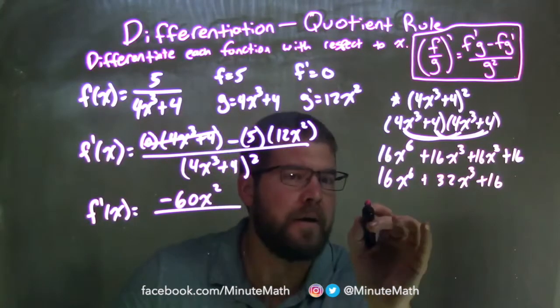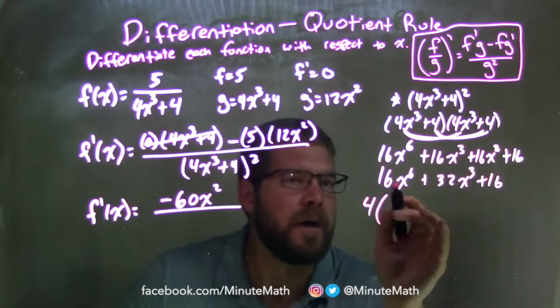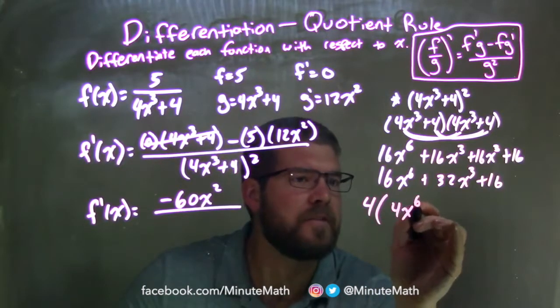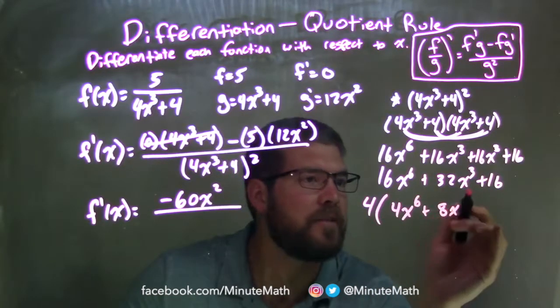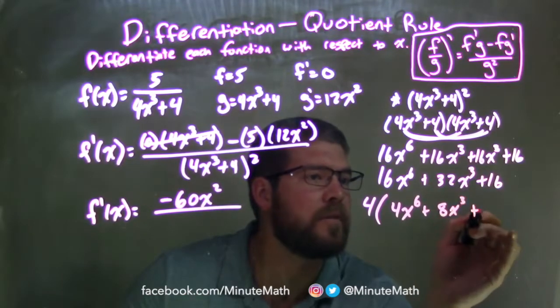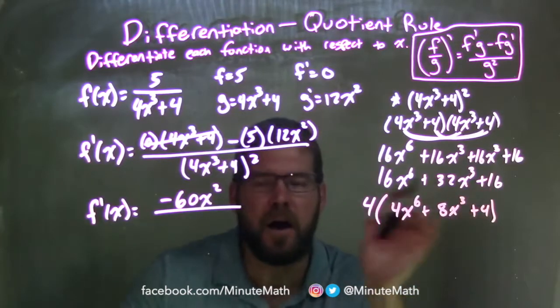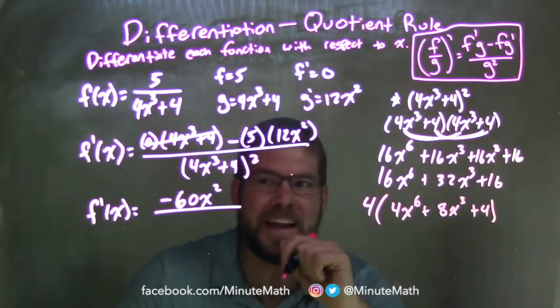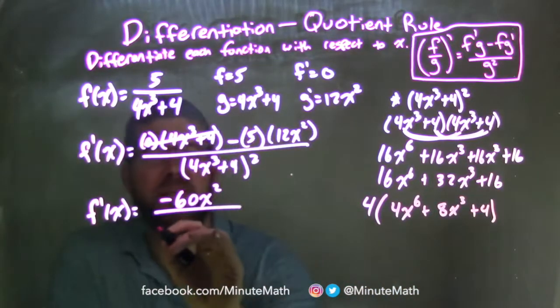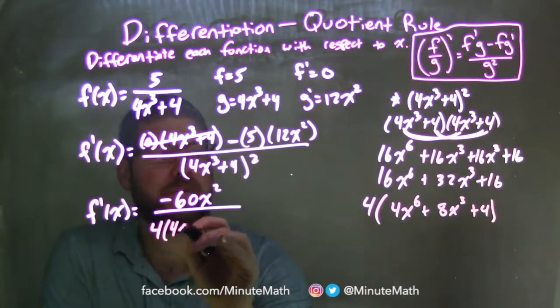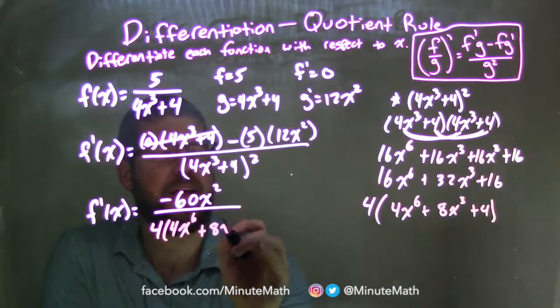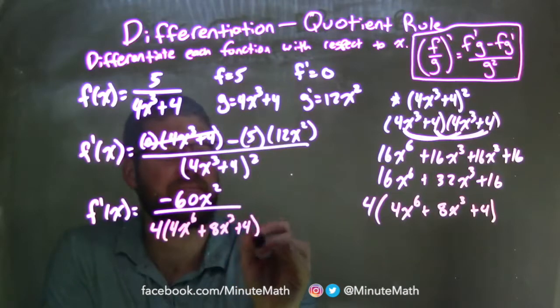So if I pull 4 out here, I'm left with 4x to the 6th plus 8x to the 3rd plus 4. And now you might say, well, you can keep pulling out more, and you can. I'm kind of knowing the future, what's going to happen here. So if I write that up here, 4 times 4x to the 6th plus 8x to the 3rd plus 4.